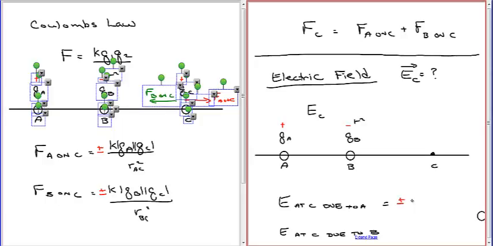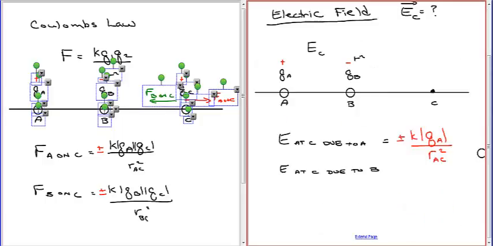So it's going to be K times the magnitude of charge A divided by R AC, which is from charge A to point C, and you square that. And again, that distance is going to be positive. Distances are always positive.